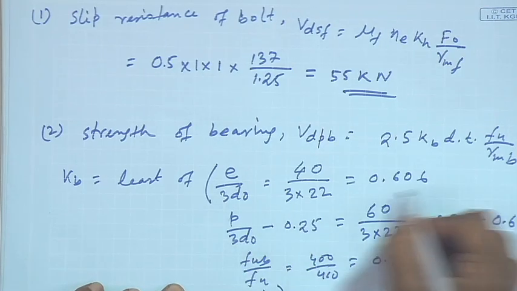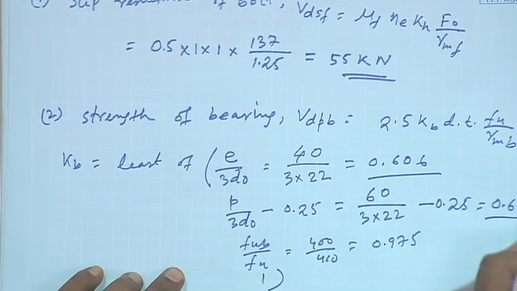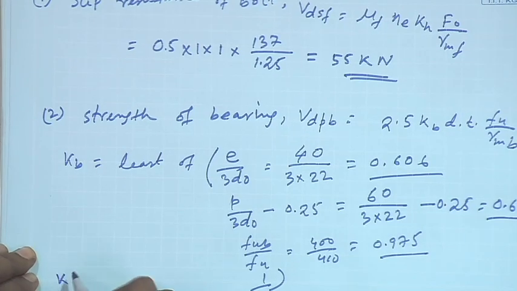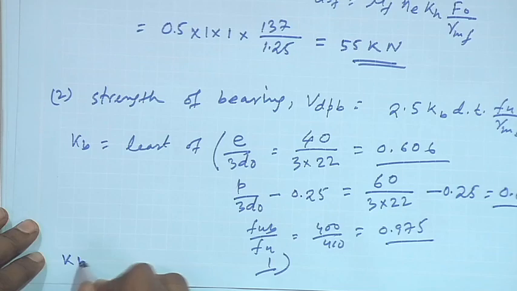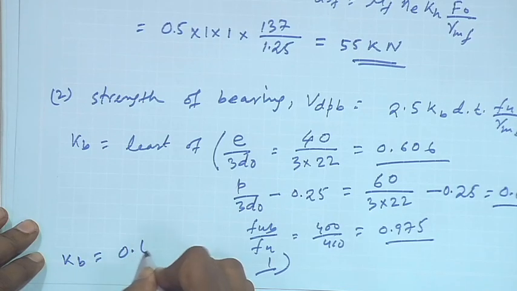So, the least of these 4 is 0.606, and kb we can consider as 0.606.